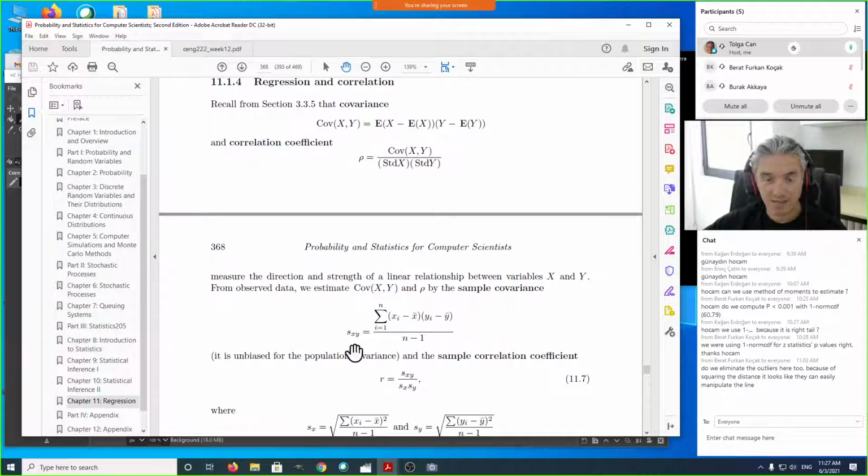If you look at the sample covariance between X and Y, this is divided by n-1, and in the numerator we have exactly SXY.